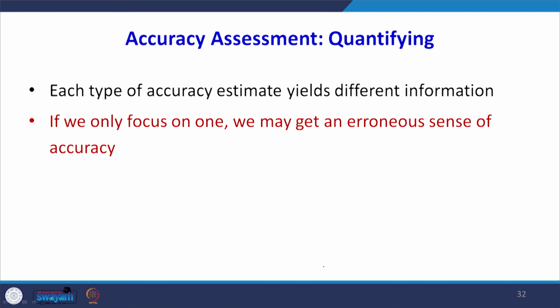If we focus only on one, like overall accuracy, user accuracy, producer accuracy or the Kappa coefficient, we may get an erroneous sense of the accuracy. The total accuracy in this example was 71%, but the user accuracy was only 48%, so the overall accuracy will be totally misleading if we use this particular figure.